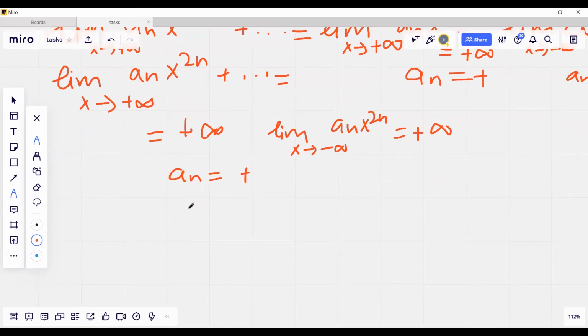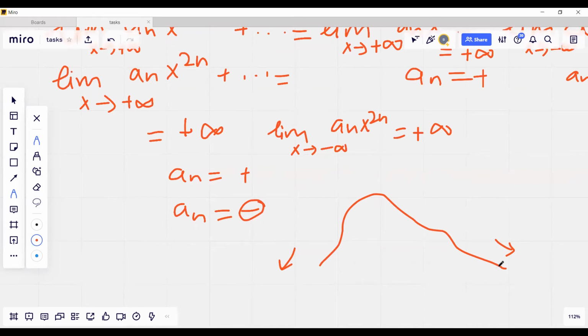In the case when the leading term coefficient has a negative sign, then that limit will go to minus infinity, and this term will also go to minus infinity, meaning that our polynomial will decrease without bounds when x goes to minus or plus infinity.